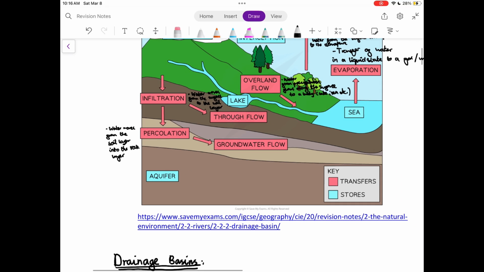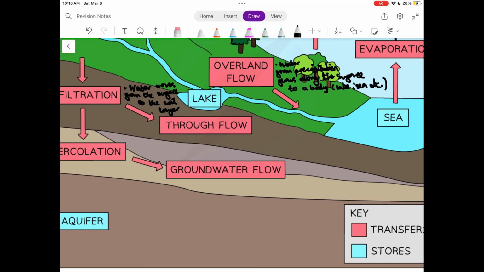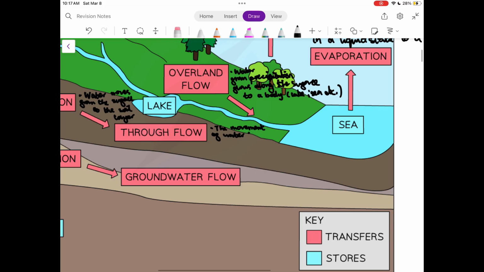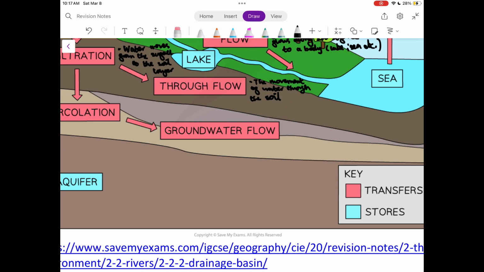Okay, and then I'll go through throughflow, so that means the movement of water through the soil, and groundwater flow is the movement of water through the rock layer.